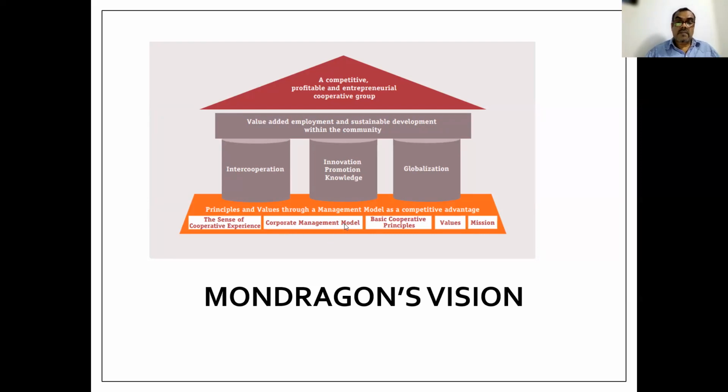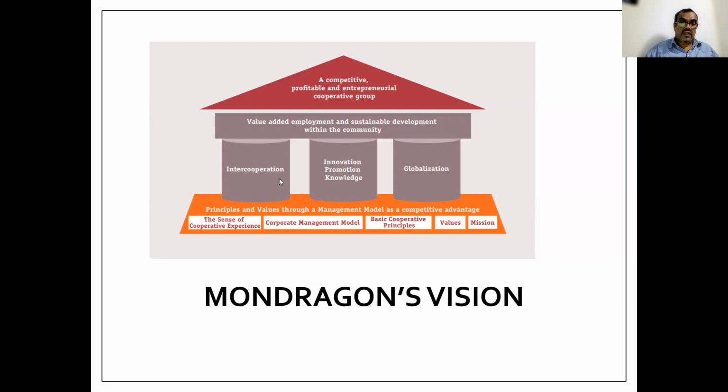Then the new corporate management model, which I will discuss after this. Then basic cooperative principles, values, mission. These are the key or the basis on which the value is being created and other things are put up within the Mondragon Corporation.